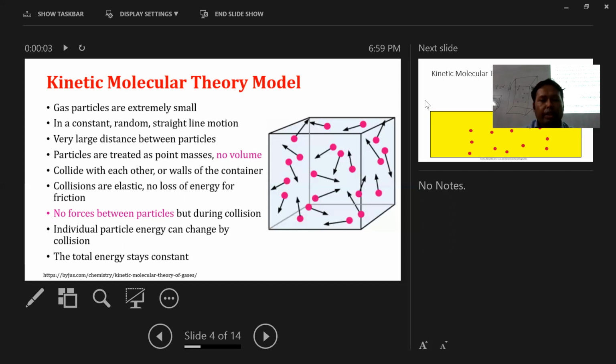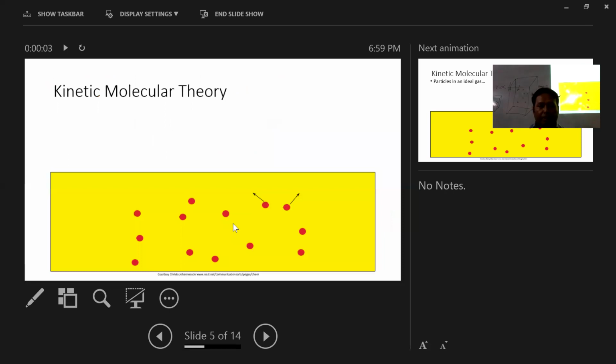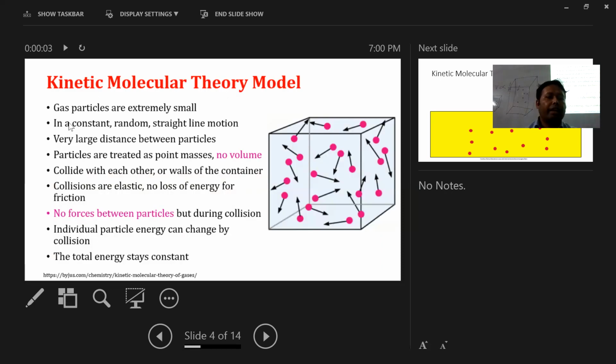Maybe I'm going to the next slide. Before going to that, what I mentioned previously is that in constant random straight line motion, all the gas particles, here you can see many particles. These particles are moving randomly in several directions.